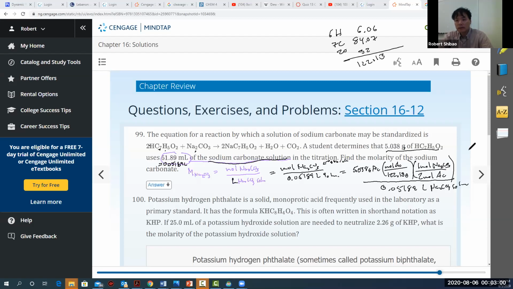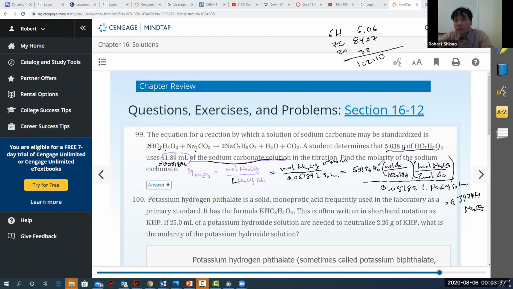And so this is going to come out to 5.038, sorry, 5.038 divided by 122.13 divided by 2 divided by 0.05189, equals. And so I get a molarity of 0.3974 molar sodium carbonate.